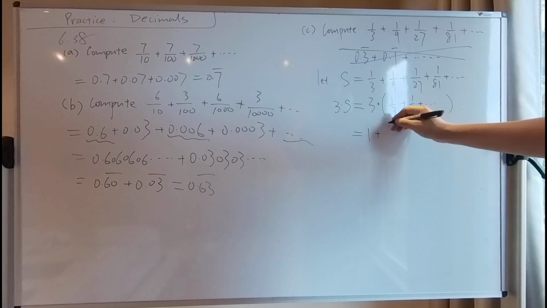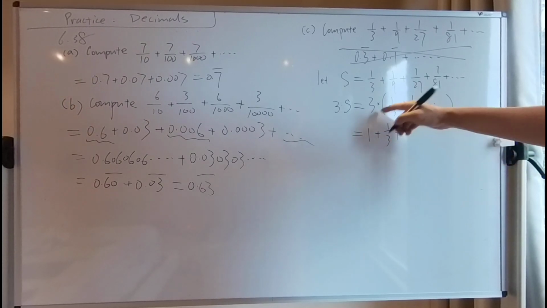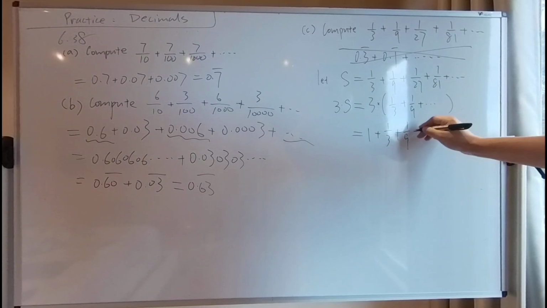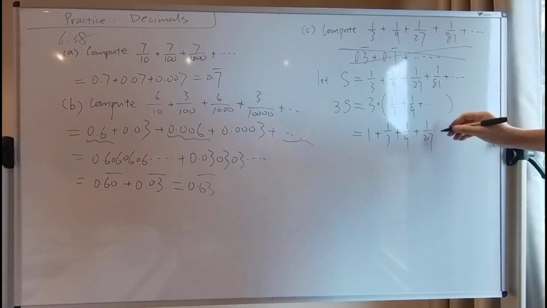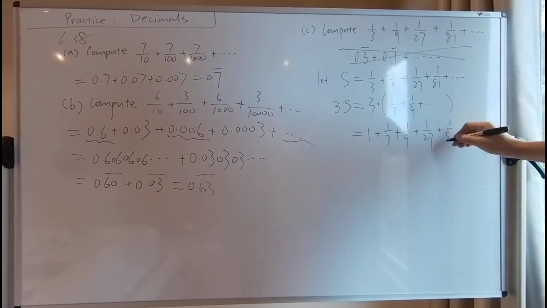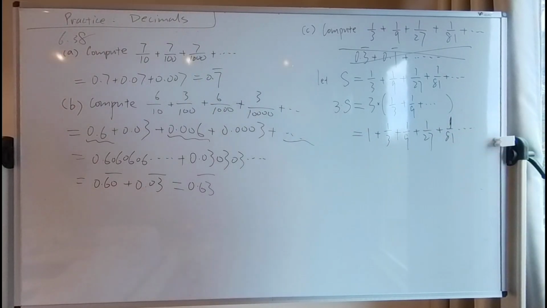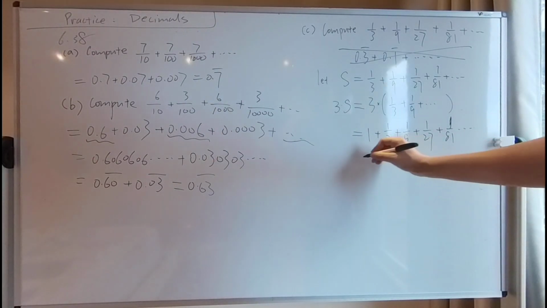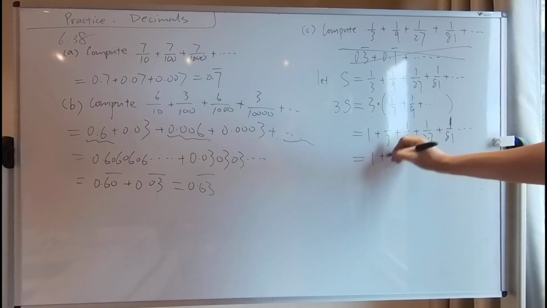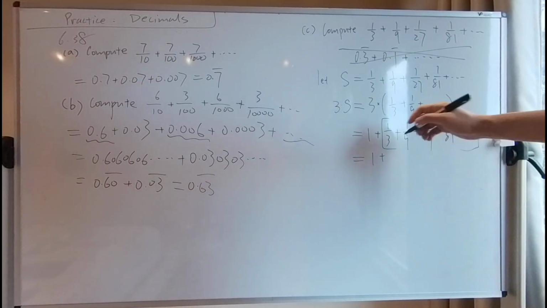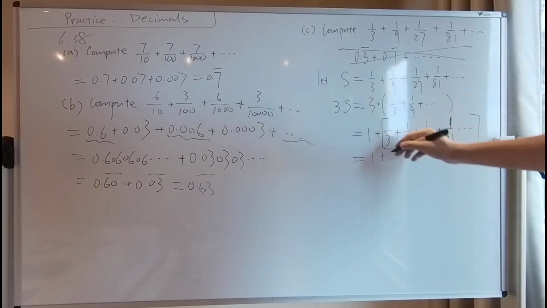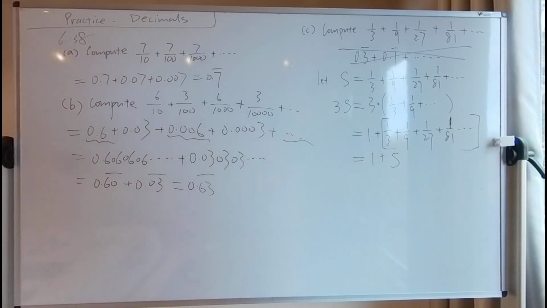The next term is 1/3. The next term is 1/9. The next term is 1/27. So it's shifted by one term, but the repeating pattern is the same because these are all multiples of 3. That means the rest of the repeating component is also equal to our original assumption of s.